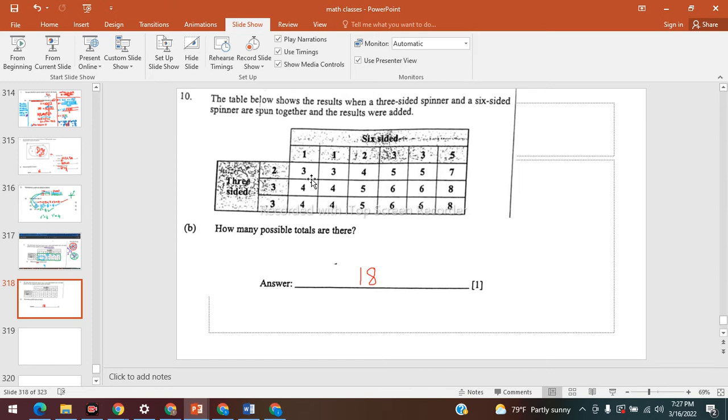Remember when we were doing the dice, and we had two dice, and we had to determine, I think it was 36 outcomes. If we get 1 and 1, 1 and 2, 1 and 3, and so on. Yeah, that was the sample space that we determined. Here again, we have the sample space that they give to us in this question.